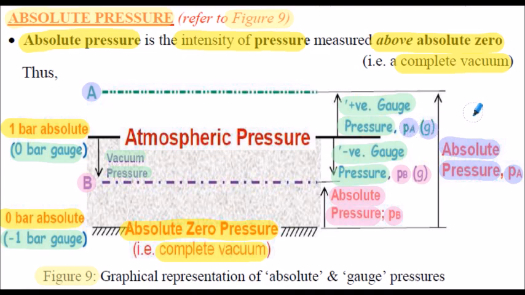So I'm not sure how useful that diagram is to illustrate the difference between absolute pressure and gauge pressure, but certainly we need to be aware of the difference between the two types of pressures. But in industry, most pressures that are measured are usually gauge pressure.